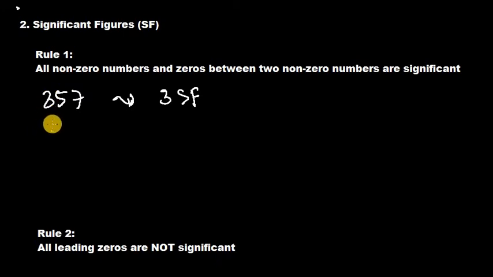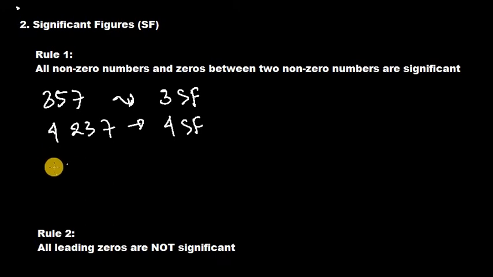If we have 4,237, it means we have 4 significant figures.